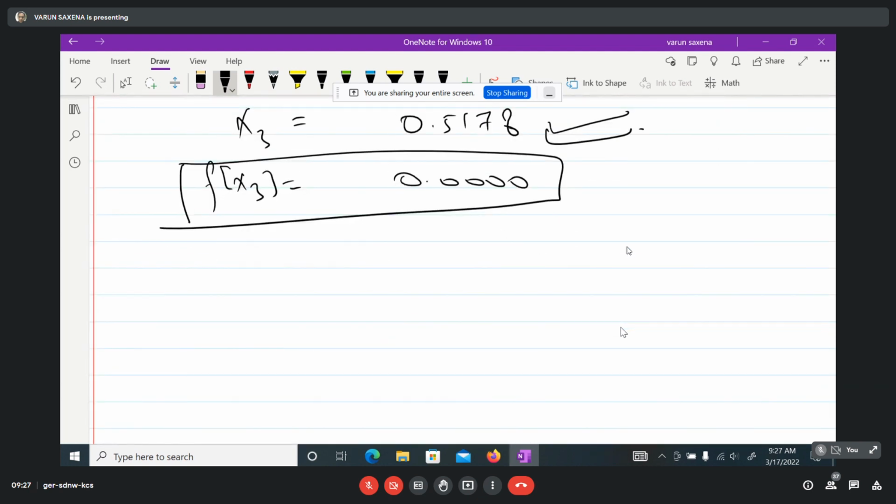I give you another problem. You can try to solve it. The problem is x cube minus 5x plus 3 equal to 0. Find the answer correct up to 3 decimal places.